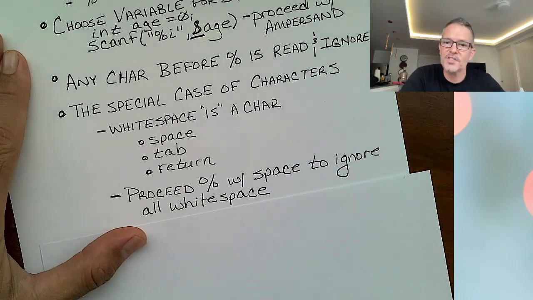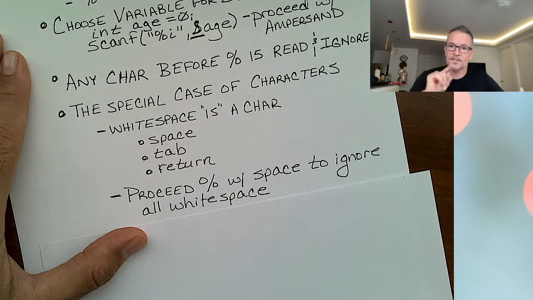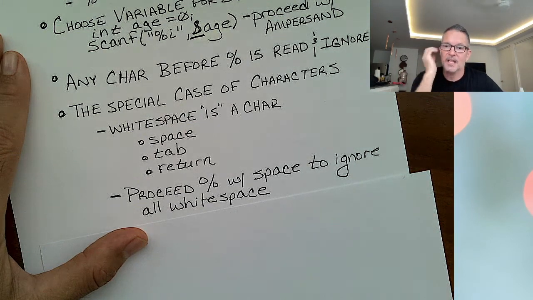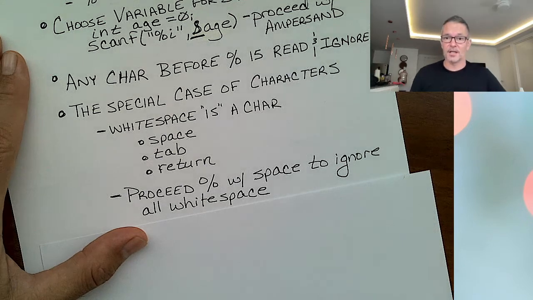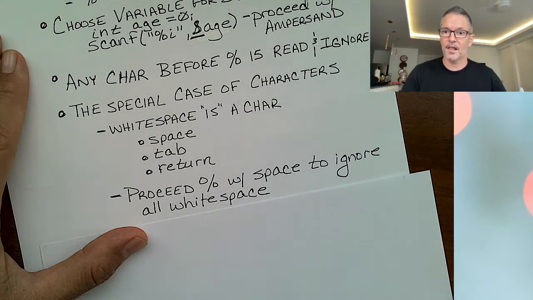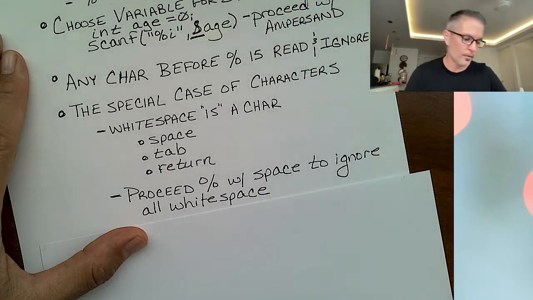Now, if you just precede your % in the format string with a space, you're telling the computer you can ignore all white space that gets entered in until a single non-white space character is encountered. That's what I want you to read in and store in my variable. Ignore the white space.